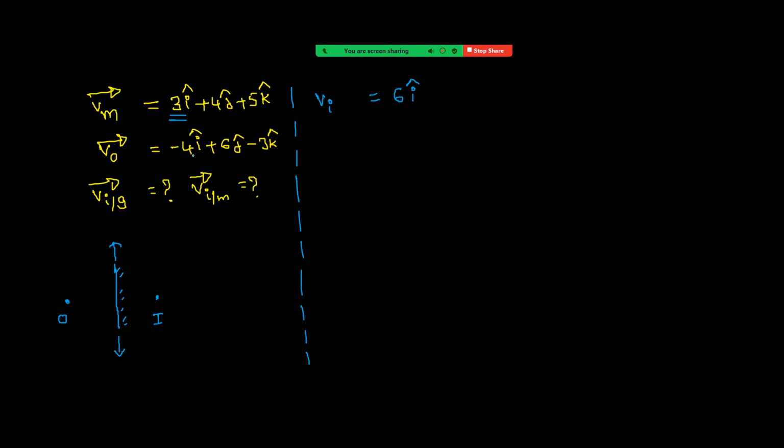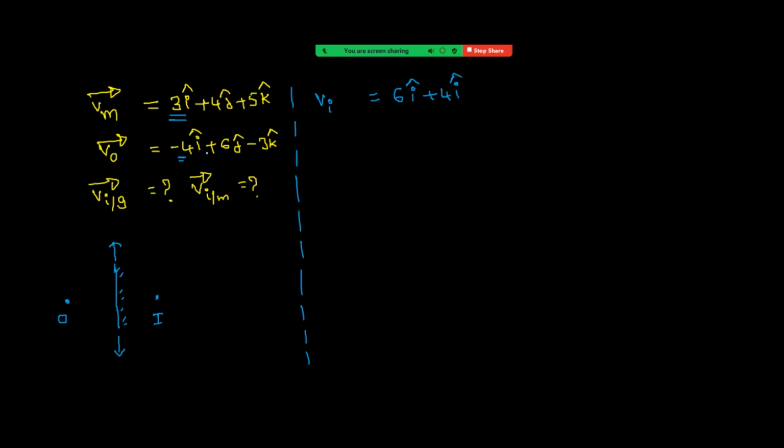Now coming to the object: it has a velocity component normal to the mirror. You can see minus 4i cap means the object has velocity normal to the mirror, towards the mirror. Because of this component, image velocity will be the negative of this velocity. That means it is minus of minus 4i cap, so it becomes plus 4i cap.